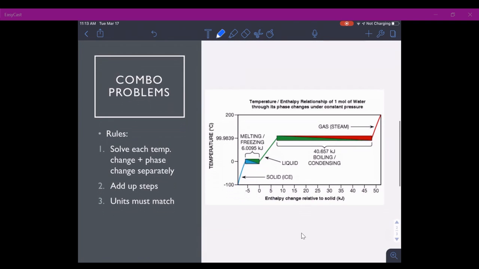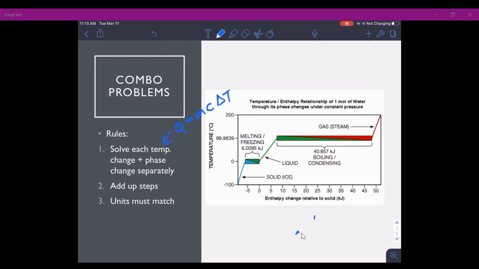For these problems, we have a couple rules. Our first rule is that we're going to solve each temperature change and phase change separately. Temperature change is what I call Q, with our formula Q equals M, the mass, times C, our constant, times our change in temperature.